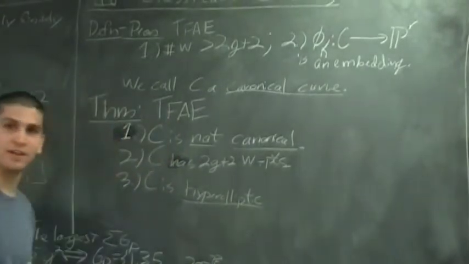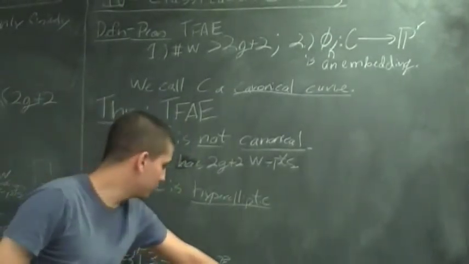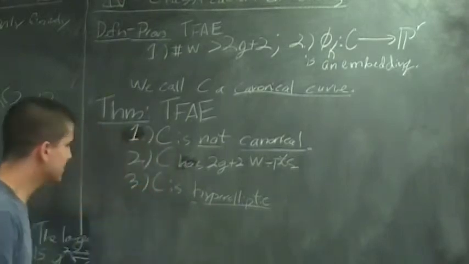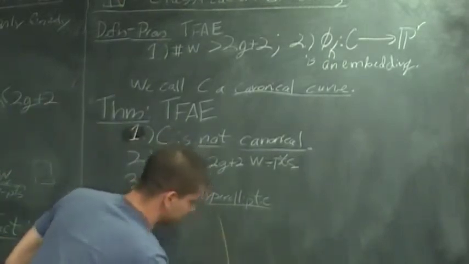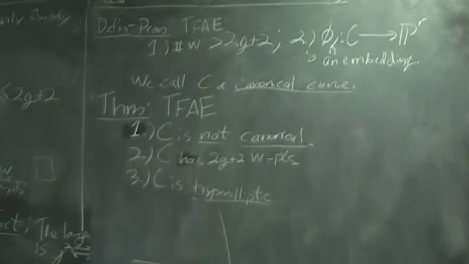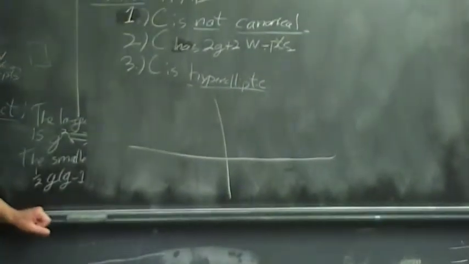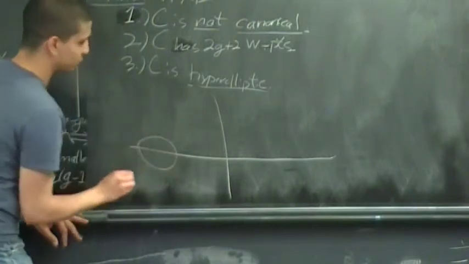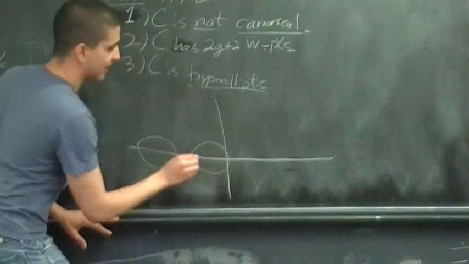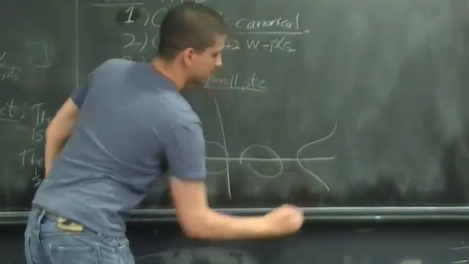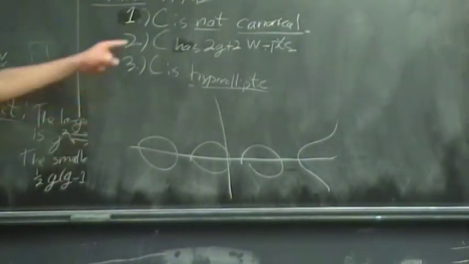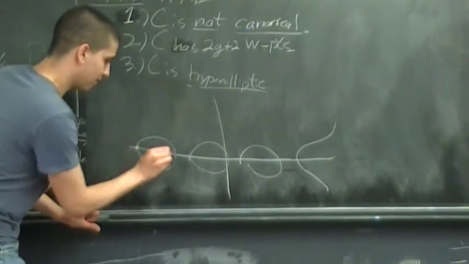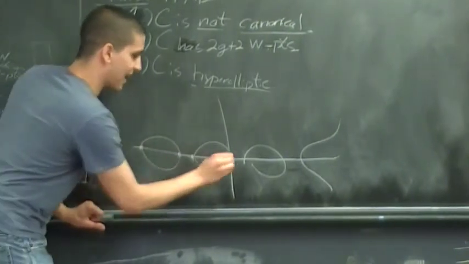C is hyperelliptic. What I told you before that hyperelliptic means is that C actually lives in the projective plane, and we get it somehow by taking the square root of a polynomial in just one of our coordinates. So it'll always be symmetric across the y-axis, and it'll look something like this. And those 2G plus 2 Weierstrass points are exactly these guys.